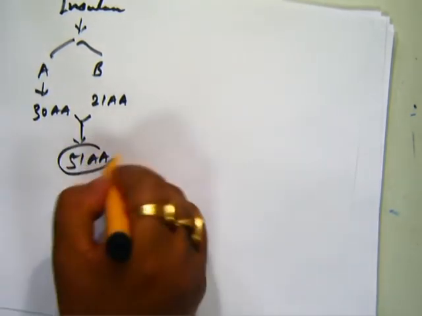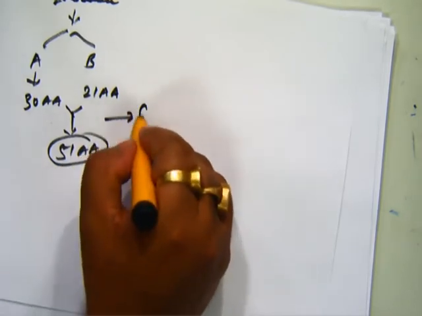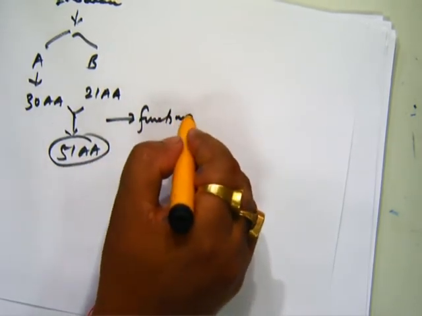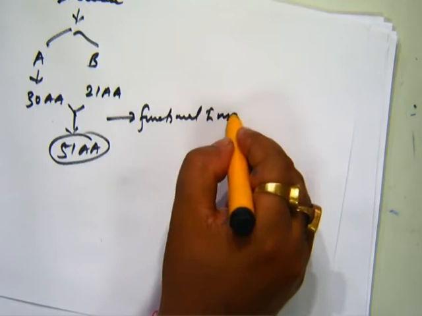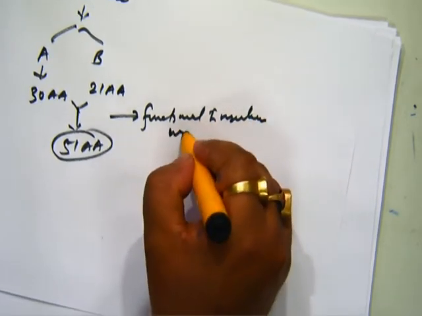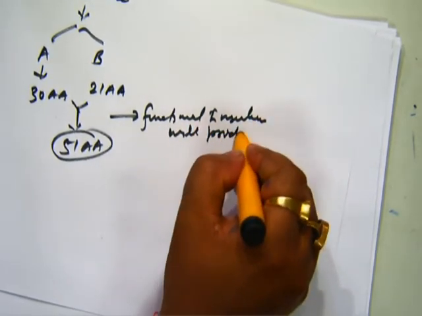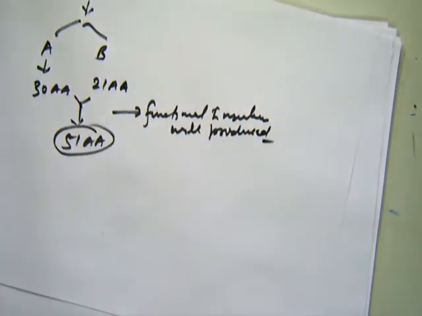When these are fused together, functional insulin will be produced. Now, so far as the formation of insulin is concerned, insulin can be expressed in prokaryotes.